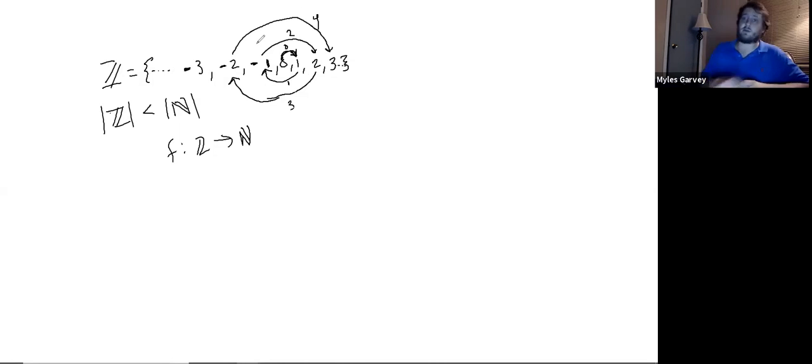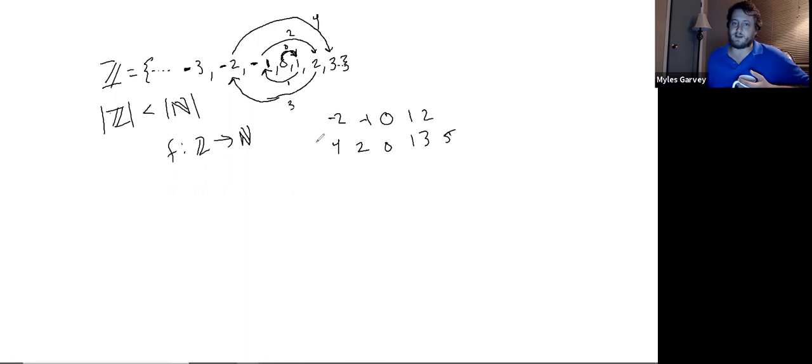And as you can see, as I start to go out and out and out, I have effectively put the mapping between the natural numbers and the integers. How have I done that mapping? Well, again, just follow the movements, right? So this starts at 0, then 1, then 2, then 3, then 4, then 5, then 6, and so on and so forth.